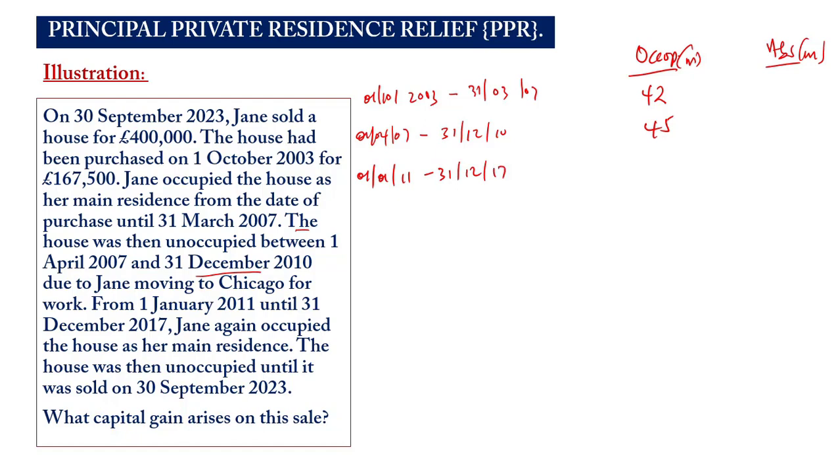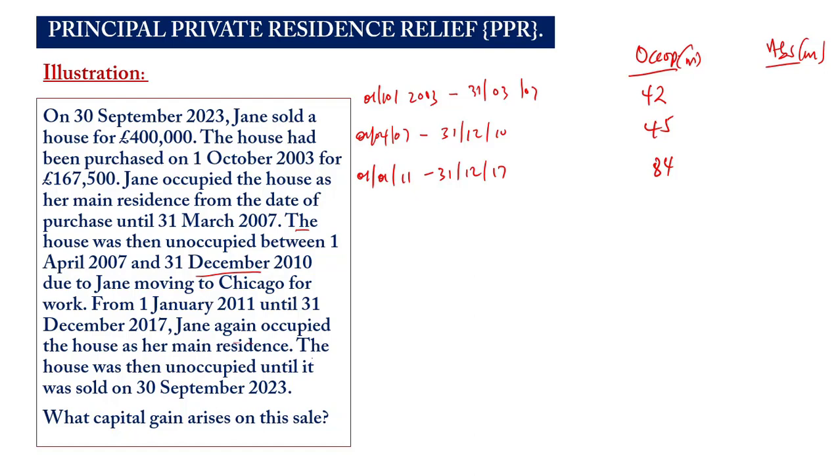So that's actual occupation. That is going to give us 7 years, so that's 84 months of actual occupation.